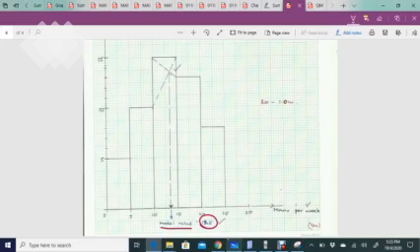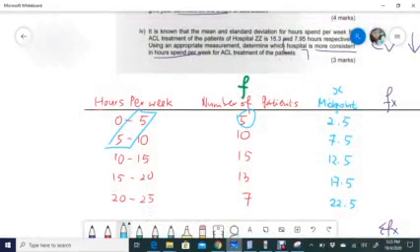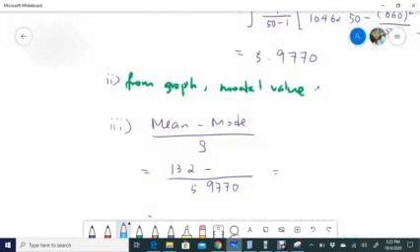Modal value equals 13.5. Just write it on your graph paper, then replace back. Your modal value is 13.5.